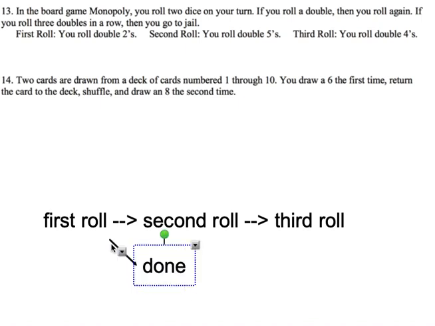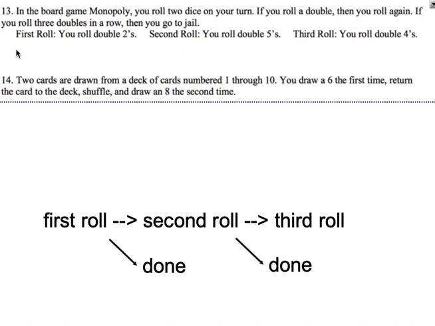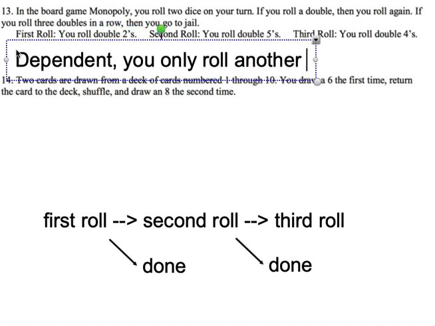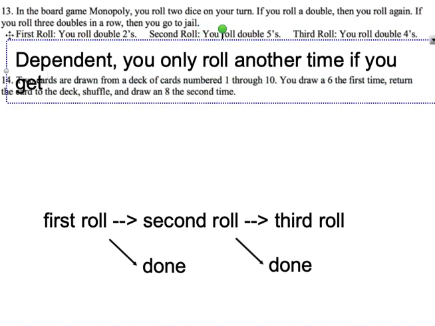And that would happen on the second time too. If we don't get doubles, then we're done. So, does the second roll depend on the first roll? It absolutely does. So this is dependent. You only roll another time if you get doubles.